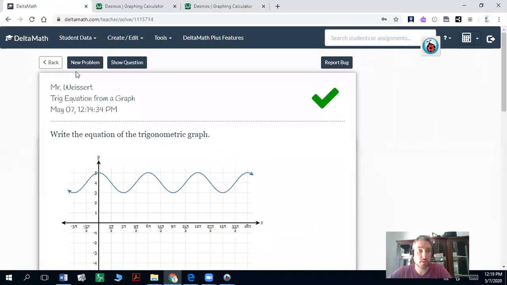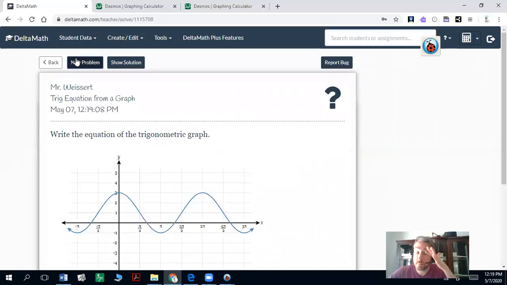All right, let's do another one. We'll probably do 2 or 3 here. Okay, and this problem here looks like it starts at the maximum again, so it's going to be cosine. It's got a midline of 1, and it goes up 2. So its amplitude is going to be 2, midline is at 1.